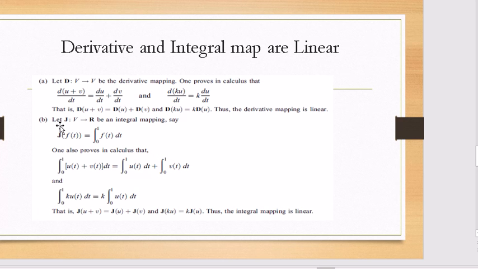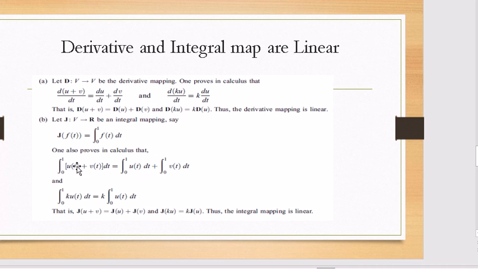Next we will discuss the integral map. Suppose J is a function from the vector space V to the set of real numbers, and J is the integral map. It is actually a definite integral. J when applied to f gives us the integral from 0 to 1 of f of t dt. In calculus we have proved this identity and this identity.